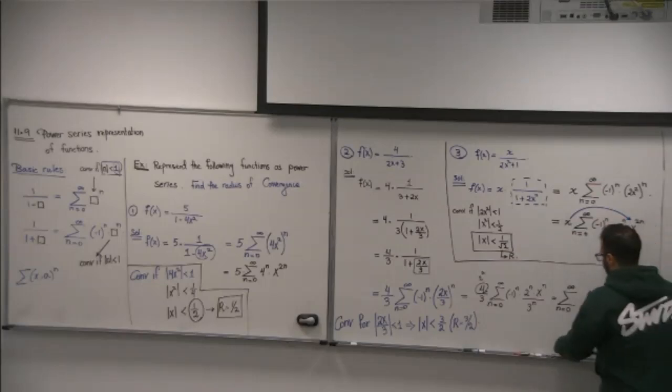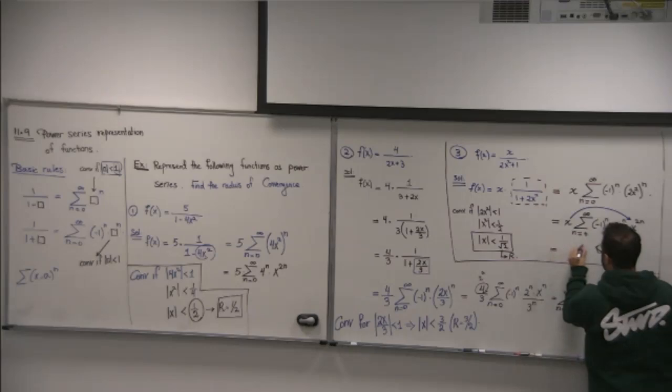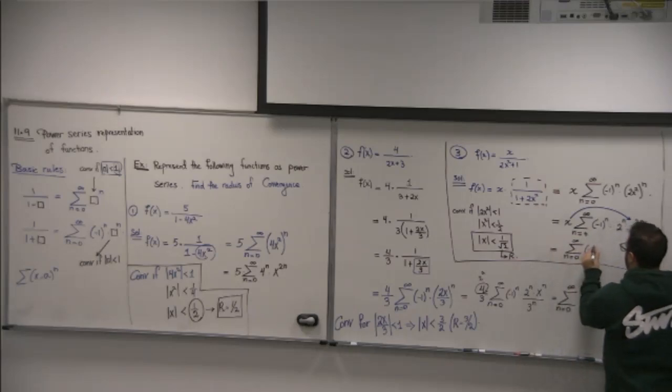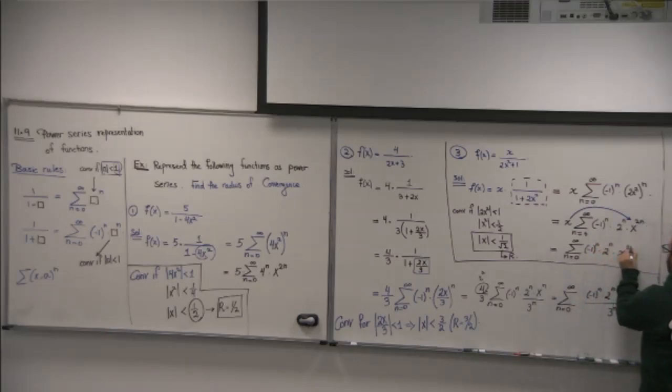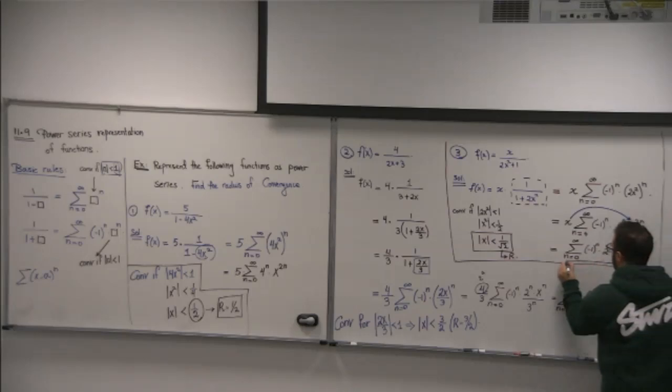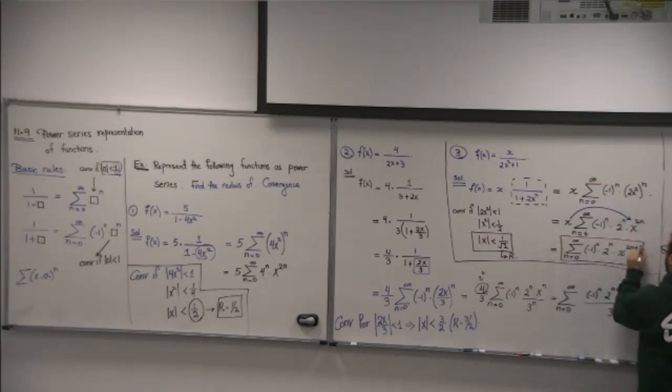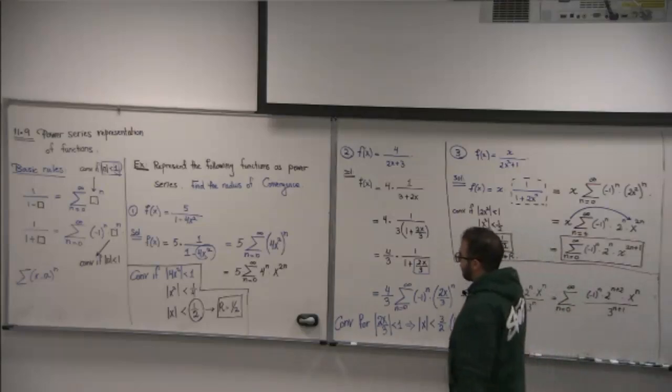So you end up with this: sum from n equals 0 to infinity of minus 1 power n, 2 power n, x power 2n plus 1. And that's it. That's basically it. Okay? Okay. Fine.